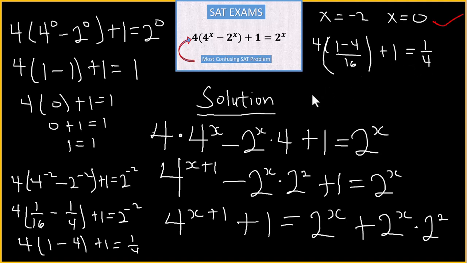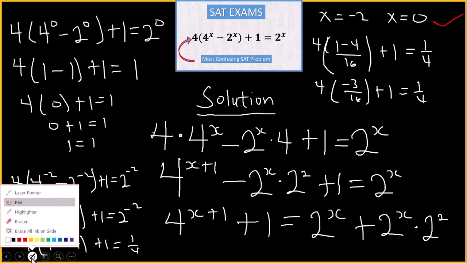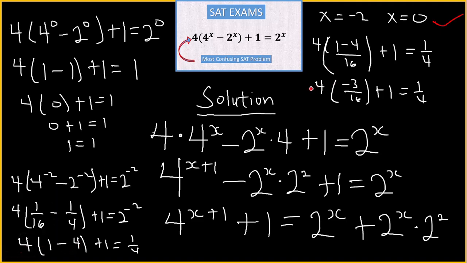Let's simplify the bracket: 4 by 1 minus 4 all on 16. 1 minus 4 will be negative 3 on 16, plus 1 equals 1 on 4. 4 into itself 1, 4 into 16, 4. Now we have negative 3 on 4 plus 1.